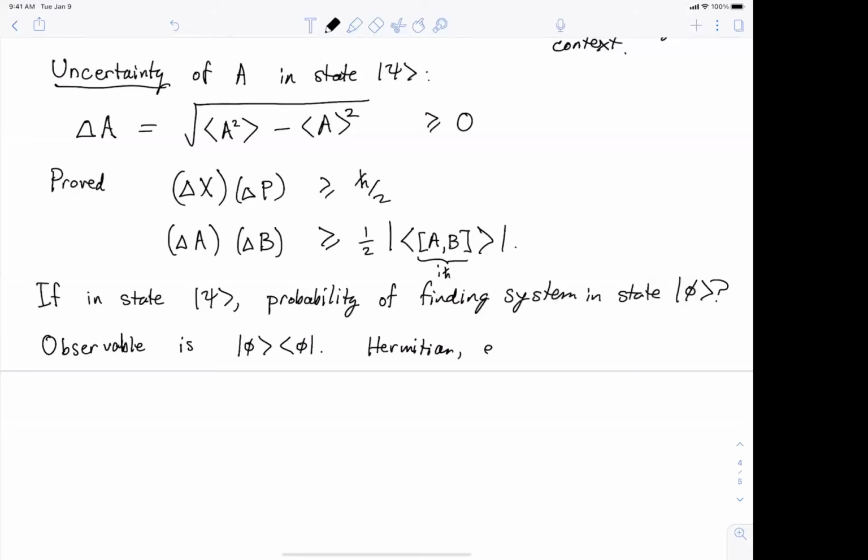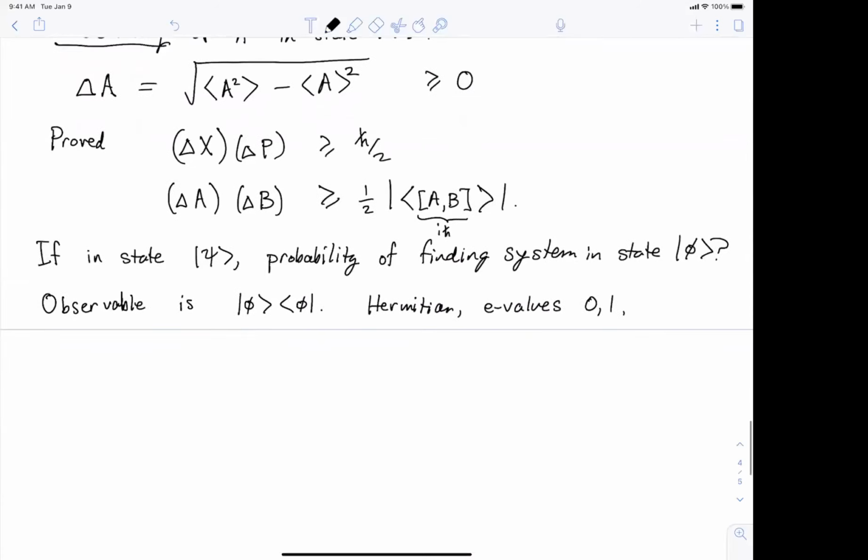It has eigenvalues 0 and 1. And you can show that it satisfies the orthonormality and completeness of its eigenvalues. And the probability associated with it is just the matrix element between the two states. Actually, I probably should write it the other way around, although it makes no difference. Okay, but it looks like that.